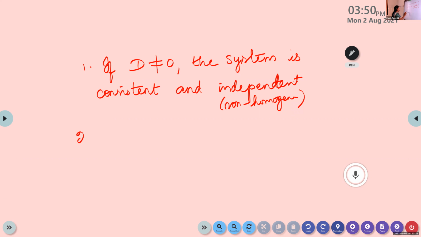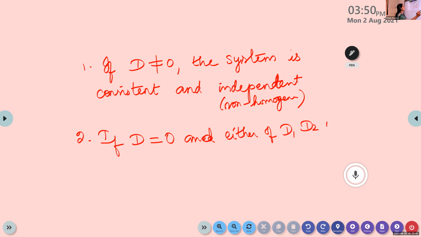Now, second point: if D is 0, suppose the determinant value is 0 and either of D1, D2 is non-zero, then the system is inconsistent.